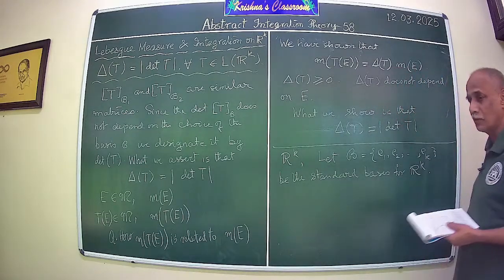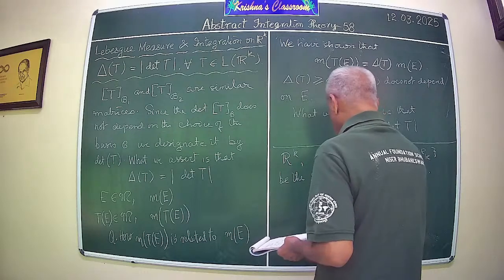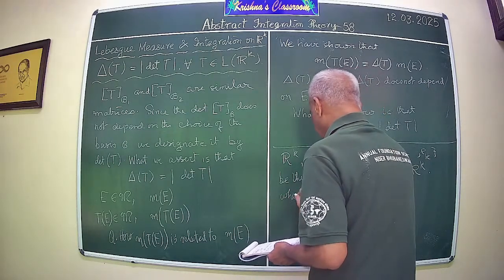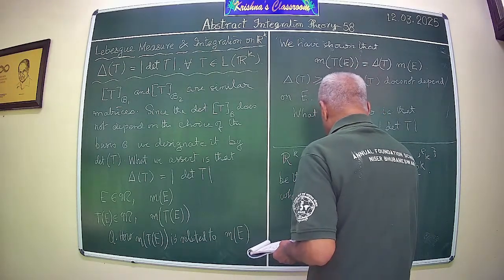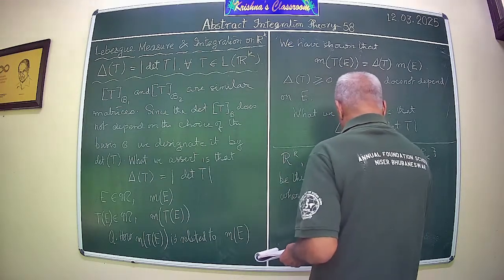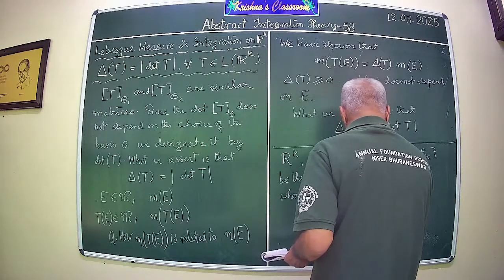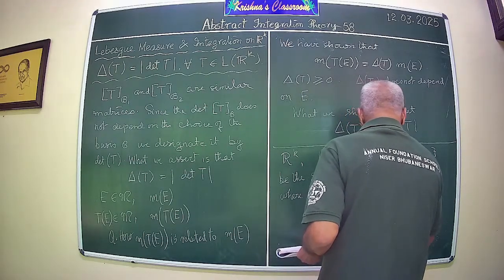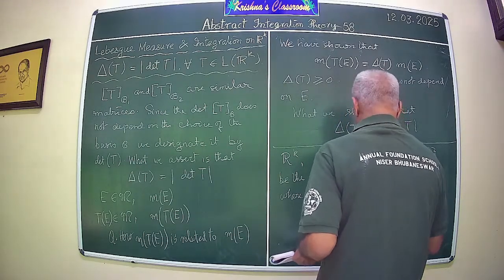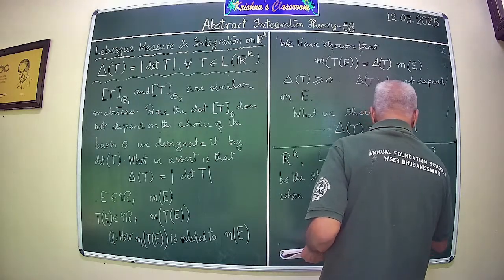It is easy to work with the standard basis. That means e_i equal to (delta_i1, delta_i2, ..., delta_ik), everyone knows.